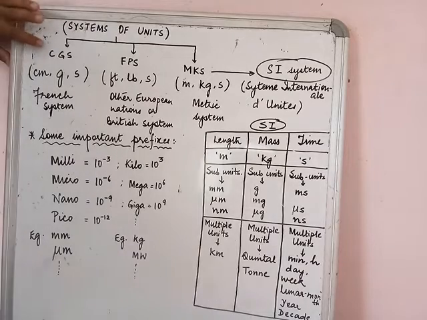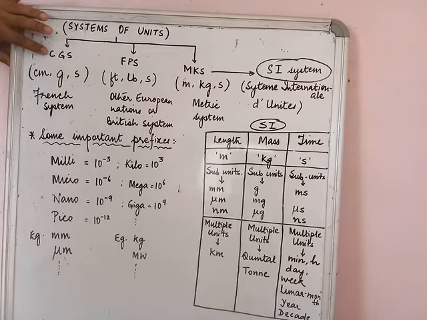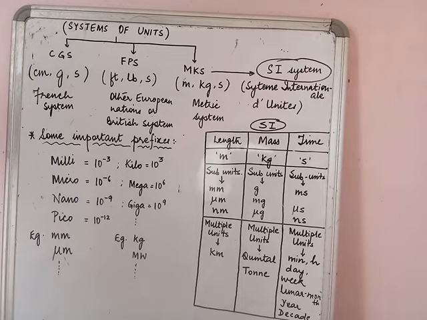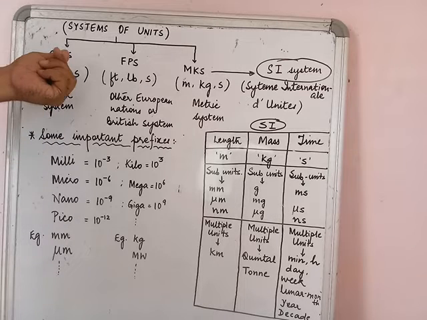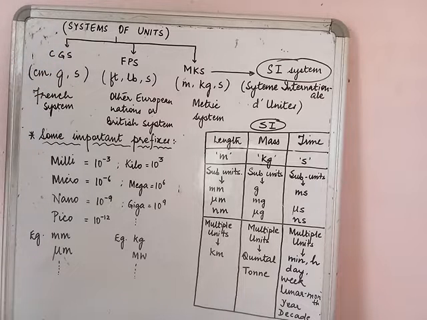If you try to understand, C over here represented centimeter, and obviously centimeter is a unit of length. Similarly G is for grams, and gram is the unit of mass. Similarly second for time. So length, mass, and time.